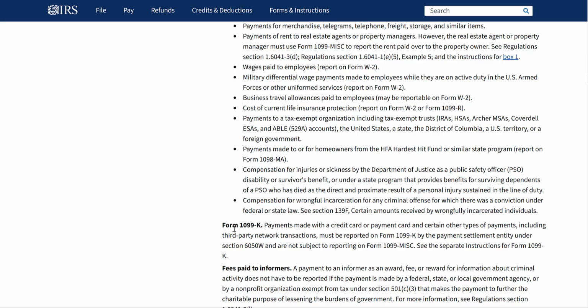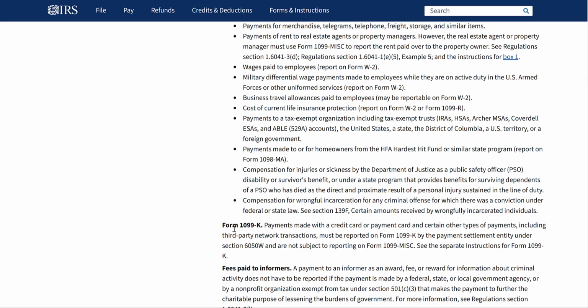So for example, if I pay a contractor $700 to update my website or whatever, if I have paid them $700 through a payment processor, and it's marked as a business transaction, I'm not reporting anything on 1099 miscellaneous or NEC, okay?